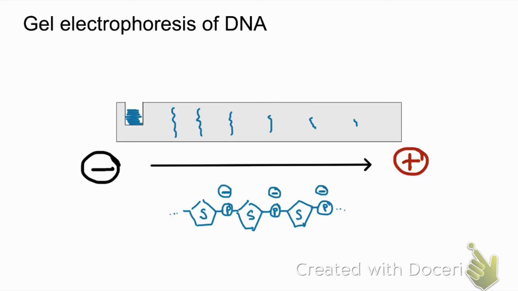And so in the end, we will be able to separate these fragments of DNA based on their size. The largest ones will be closest to the starting point where the well was located, and the smallest fragments will have traveled the furthest down the length of the gel.